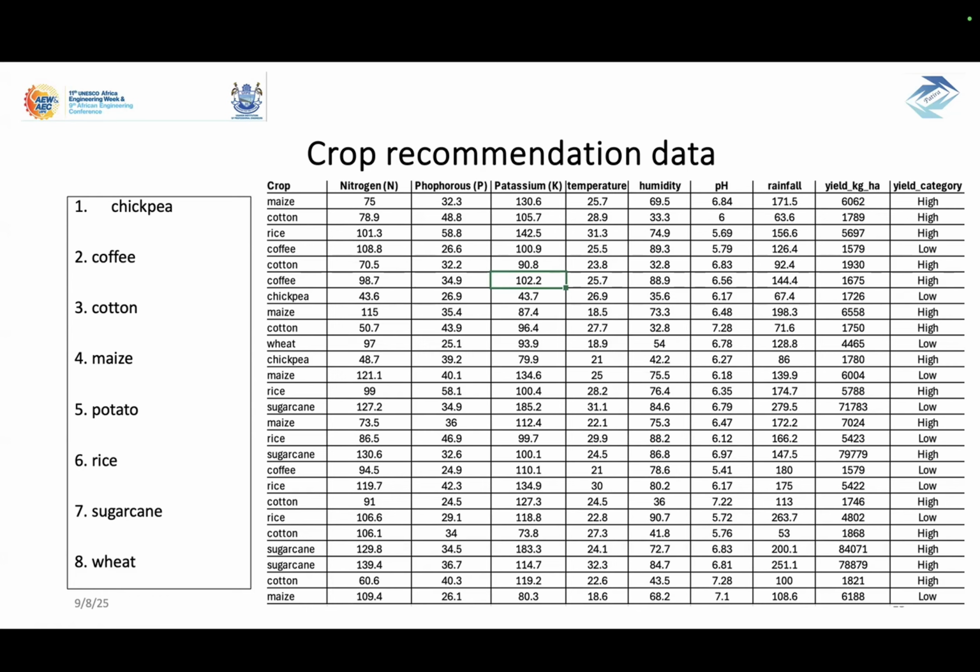Let's take maize. What happened? Why were they at 75 N, 32.3 P, and 1.6 K, and so forth? And why is the pH what it is? This is the question that descriptive analytics asks: what happened?